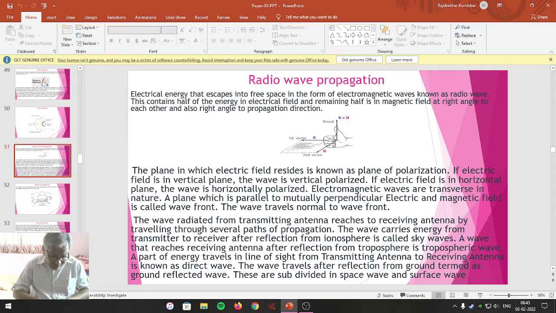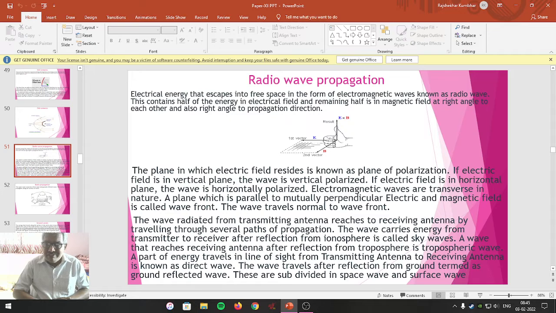If the transmitting antenna has high power, if it is a high frequency radiating transmitter, then the electromagnetic energy escaping from the transmitting antenna reaches a much greater height in space and travels towards the ionosphere. From there, it is reflected back towards the receiving antenna on the earth.